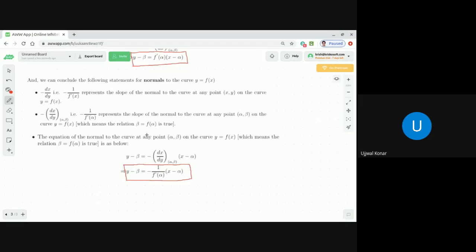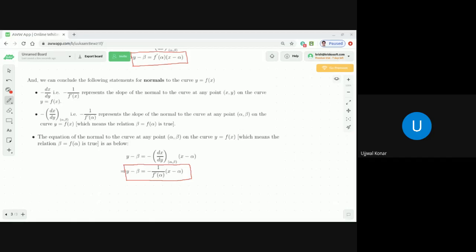Correct, dear students? Now the next point we are going to discuss is about the length of tangent, normal, subtangent and subnormal. So let's discuss this point. Let me bring that topic from the study material.